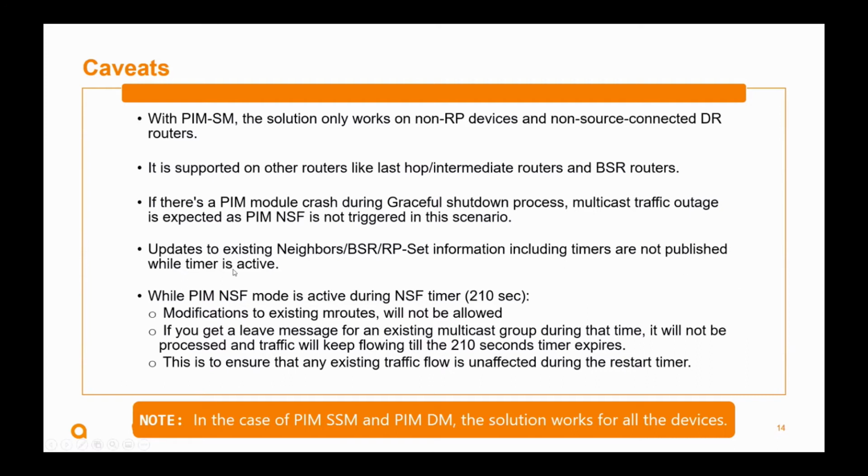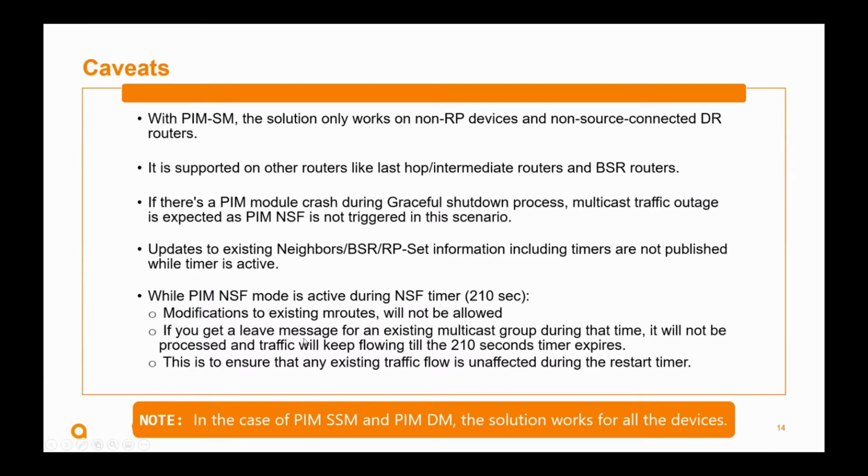When it comes back, updates to existing neighbors, BSRs and RP set information, including timers, are not published, right? Again, because everything in that case was programmed in the hardware, and the module, the daemon, is in the process of restart. While nonstop forwarding mode is active, during that timer, which we set to 210 seconds, modification to existing MRoutes is not allowed, right?